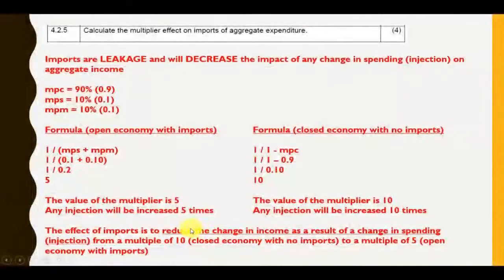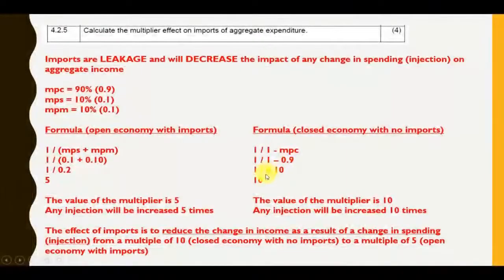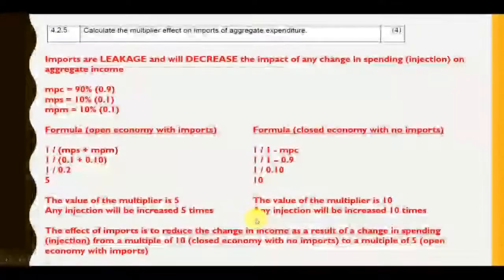If we didn't have imports, everybody, what would the multiplier be? That's straightforward. My formula for the closed economy with no imports is 1 over 1 minus NPC, 1 over 1 minus 0.9, 1 over 0.10, which gives you 10. So the value of the multiplier without the imports is 10.